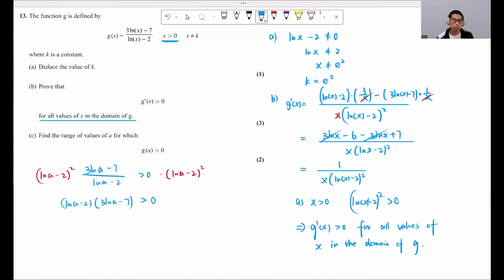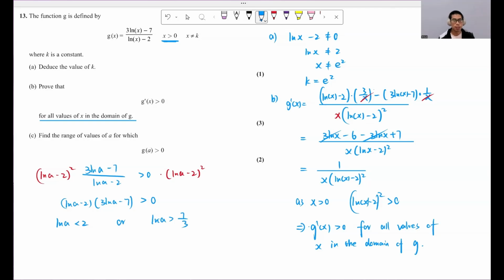And then you can treat ln a as, for example, x or y, just an unknown. So it's just a quadratic inequality. If a quadratic inequality is more than 0, then either ln a is less than 2, or ln a has to be more than 7 over 3.